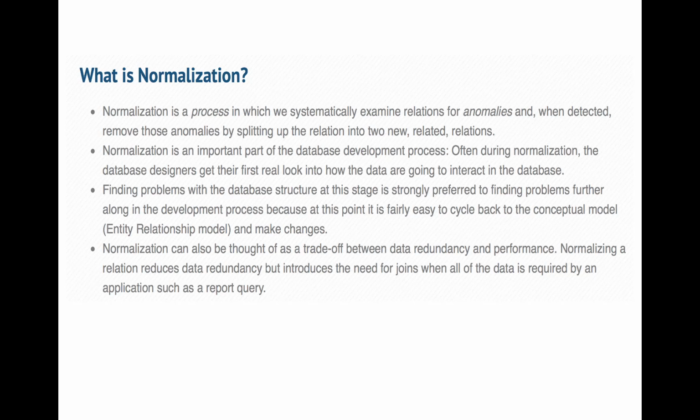So the first step, you create your ER diagram with the tables that you need, but if there are anomalies, then you will have to split the tables even more. And in this session today, we will learn when we have to do that and how.